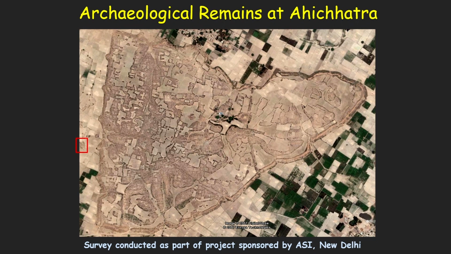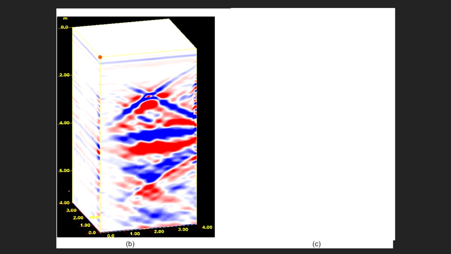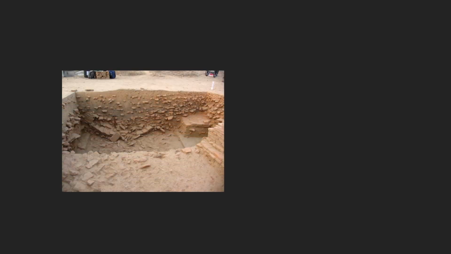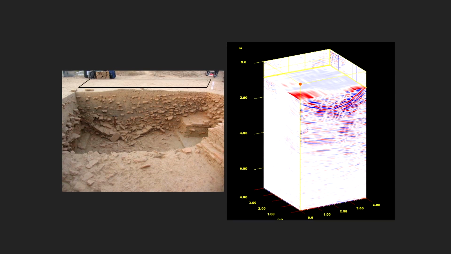Initially, without processing, the raw profile showed something like this, but after processing we saw a very clear-cut depression here, and with that the excavation was done, and you can see that both were compared. So this is the feature you see over here.